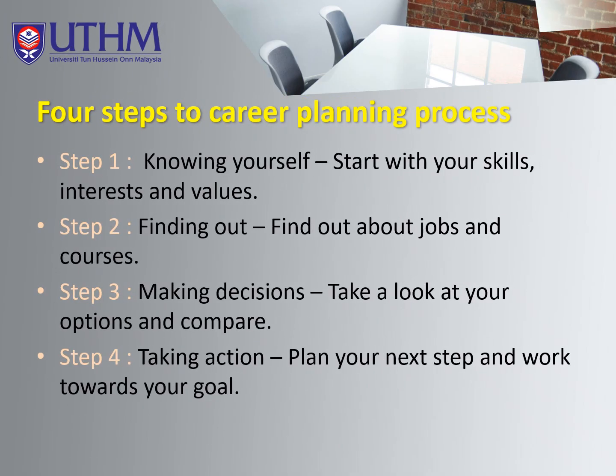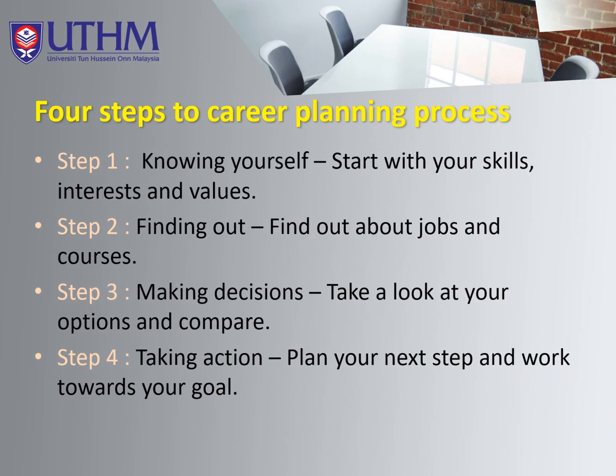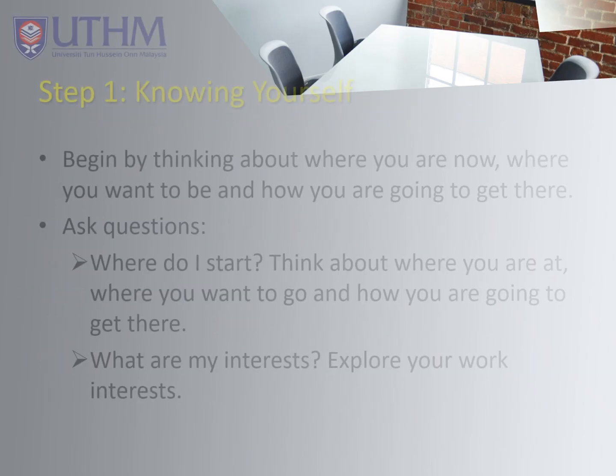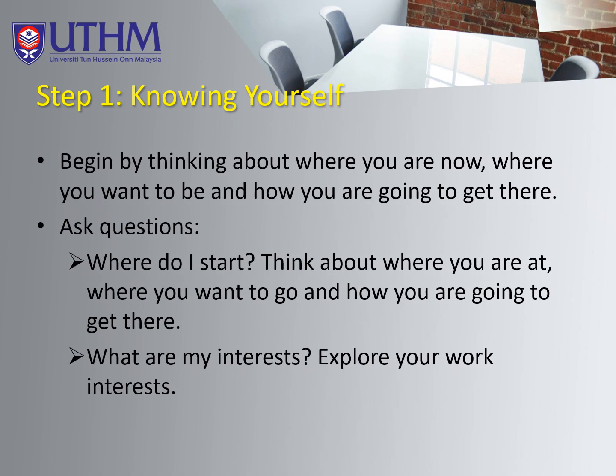There are 4 steps to the career planning process. Step 1, know yourself. Step 2, find out about the job and also the courses. Step 3, make decisions. And step 4, take action. For step 1, basically you need to learn more about yourself.